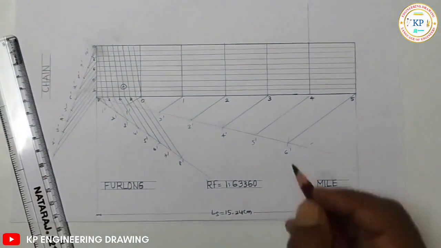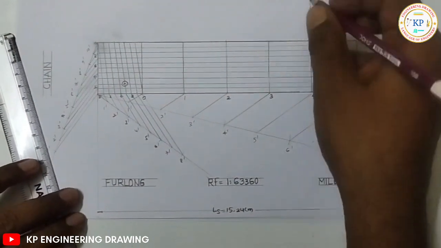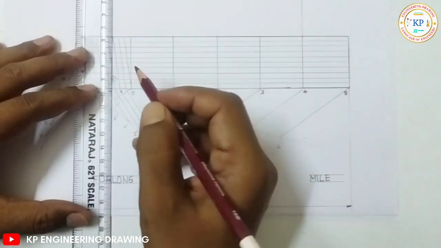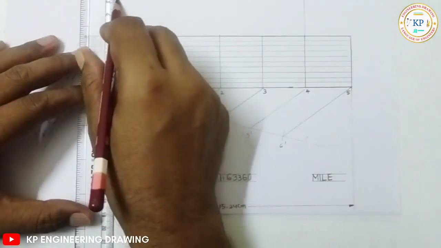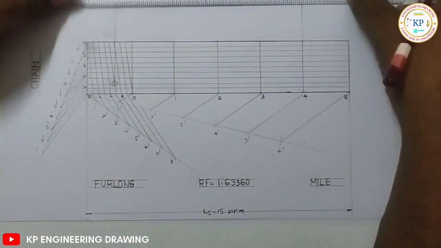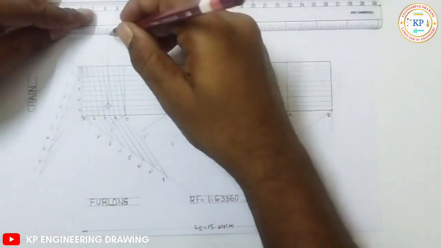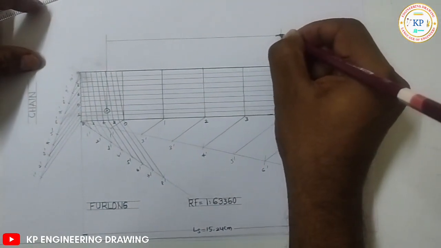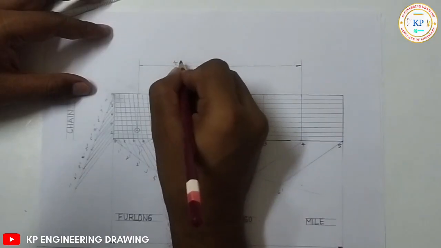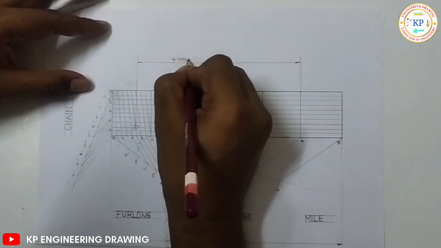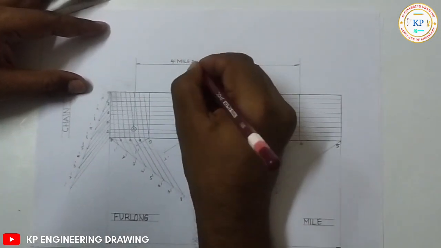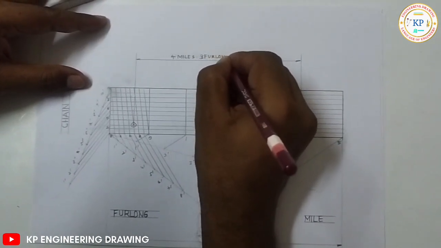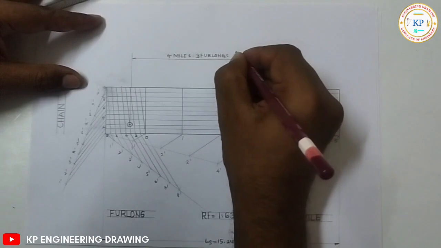Okay, 4 miles, 3 furlongs, 2 chains. From here draw a vertical line and show it as 4 miles, 3 furlongs and 2 chains.